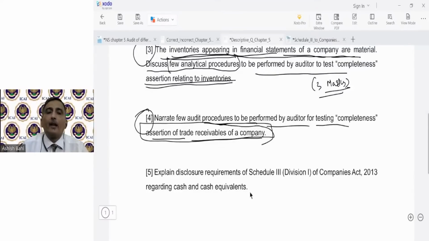Now 5, explain disclosure requirements of Schedule 3 Division 1 regarding cash and cash equivalents.